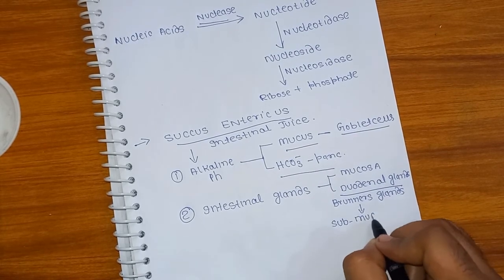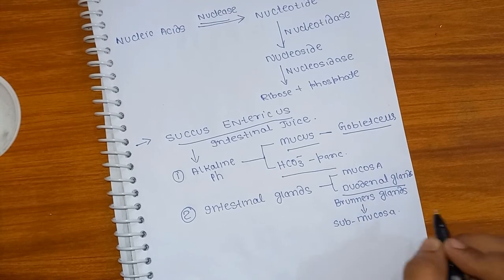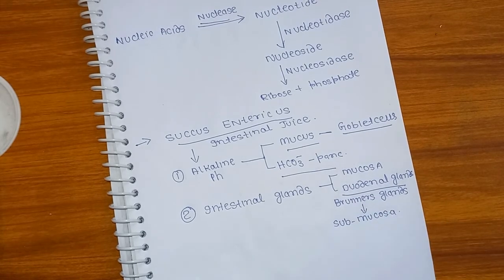You have to remember this, it can be the next question in NEET 2023. So I think this topic of proper digestion is covered. If there's something left, we'll cover it in the next lecture.